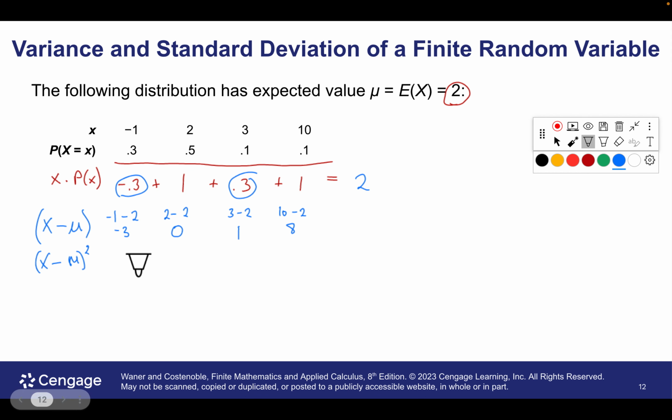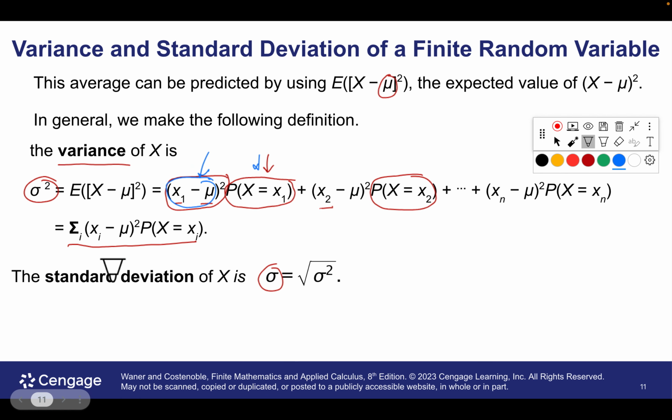We want to square each of these, so that gives us 9. -3 squared is 9. 0 squared is 0. 1 squared is 1. 8 squared is 64. And that's the first part of the calculation. Now we want to multiply each of those by the probability of that random variable happening.